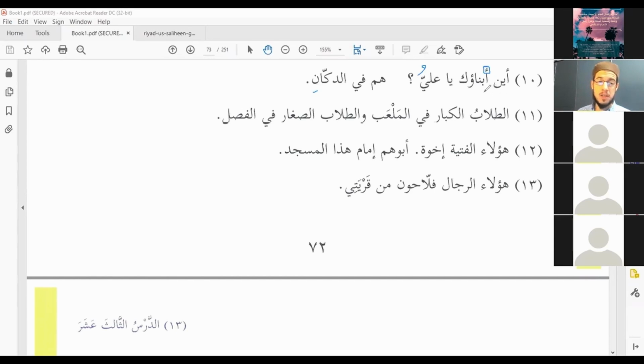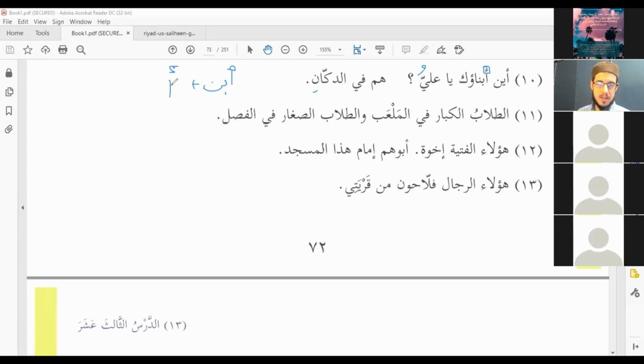A couple of really important things here with phonetics. I'm glad that we came across this. Notice that ibn is one of those words that shifts from hamzatul wasl in the singular to hamzat al-qata' in the plural. So if you have ayna ibnu, right? We've been used to saying ayna abna'u.